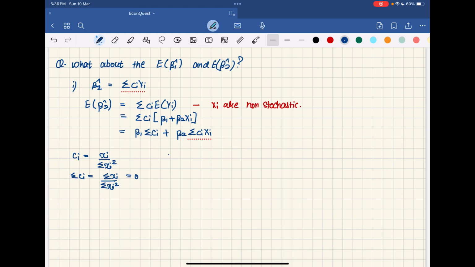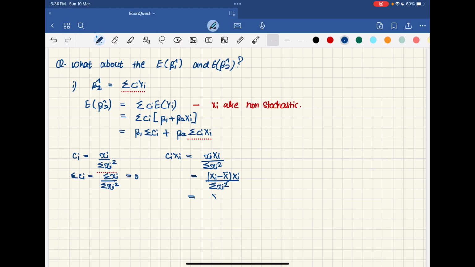Okay, now let's see about your ci xi. What is ci xi? It is equals to xi times xi divided by summation of xi square, right? You can rewrite this as this, right?